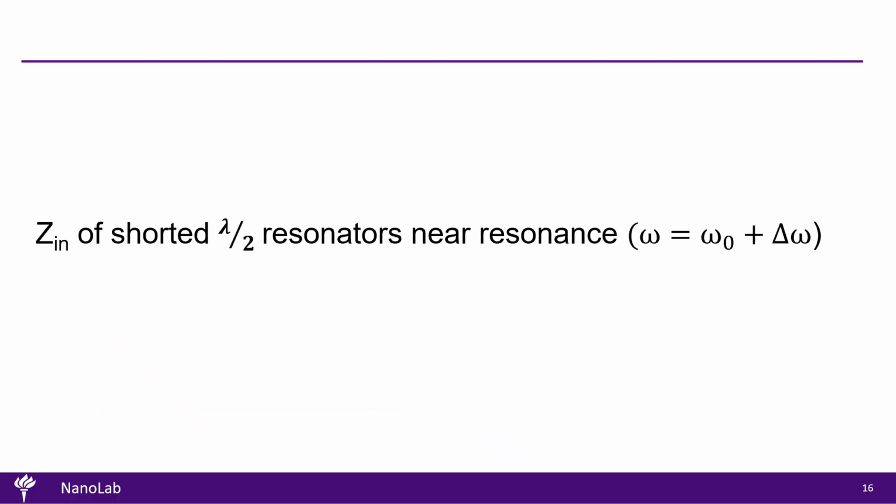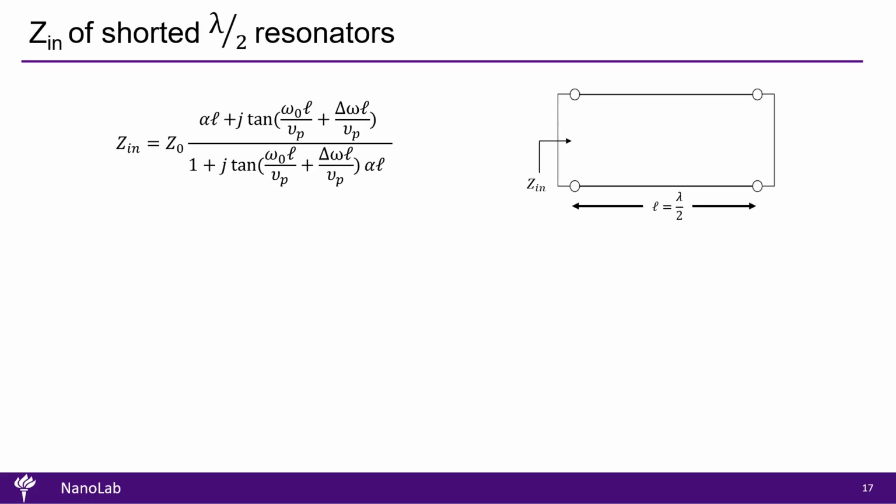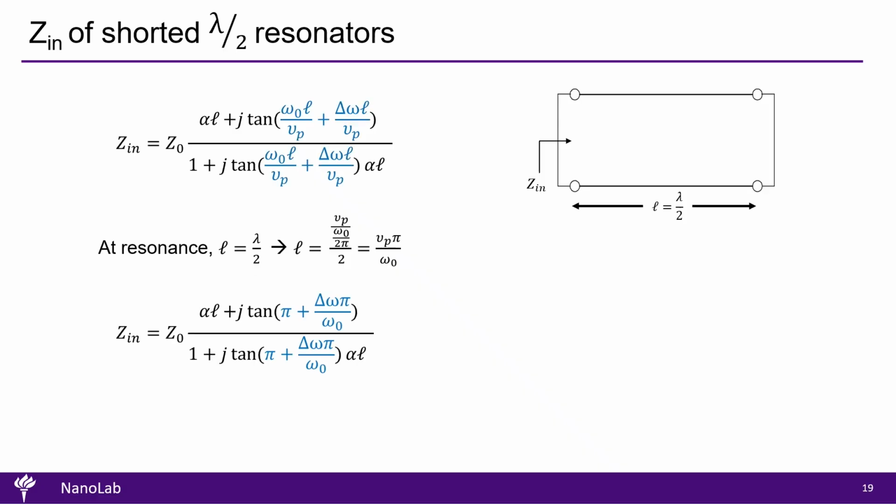Let's start with the half-wavelength resonator. At resonance, L equals lambda over 2, and lambda is equal to the phase velocity divided by the frequency. Therefore, L equals the phase velocity times pi divided by omega 0. When we substitute this value of L into the expression for the input impedance of the short-circuited transmission line, the argument of the tangent reduces to pi plus delta omega pi divided by omega 0.